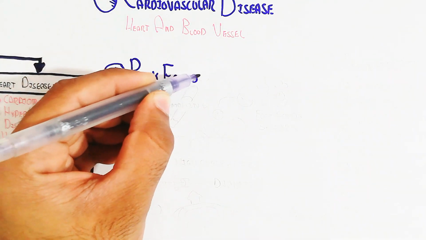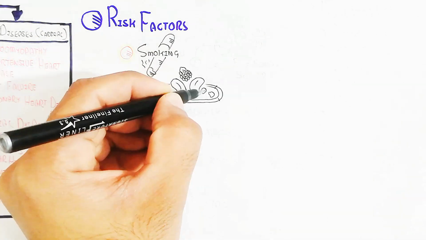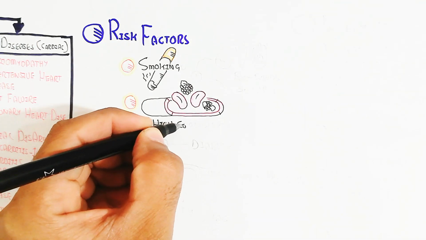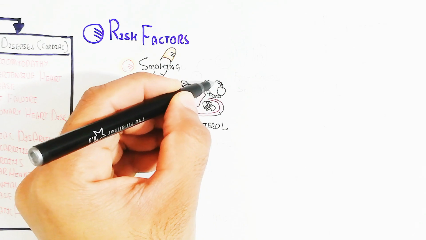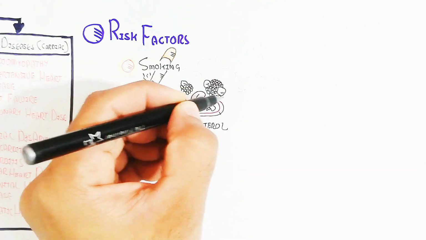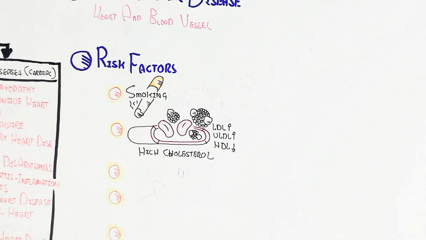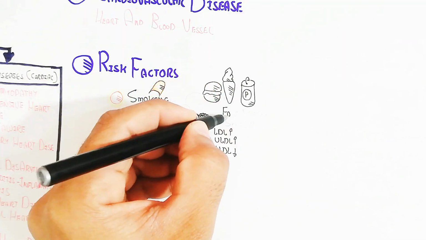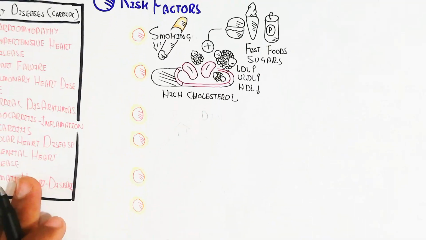Let's understand the risk factors. Number one is smoking. When we smoke, carbon monoxide increases, which decreases oxygen and leads to hypoxia. Here you can see fast food and sugars, and hypoxia leads to endothelial injury. Low density lipoprotein increases and high density lipoprotein decreases due to fast food and sugars.